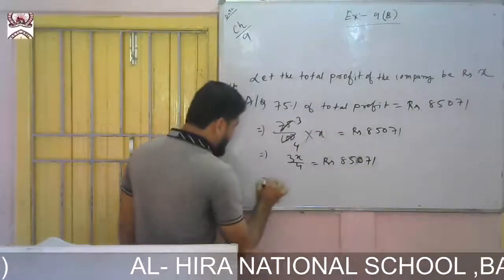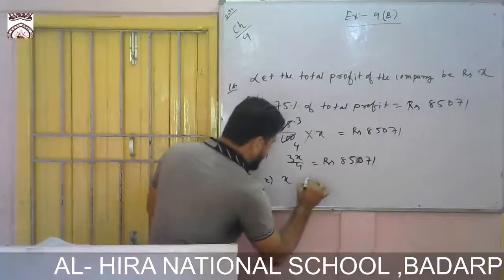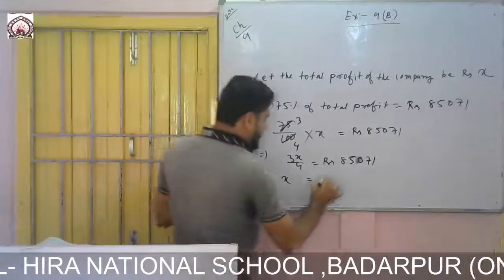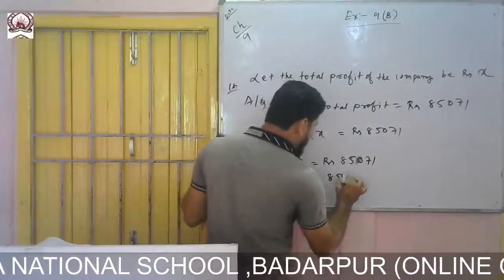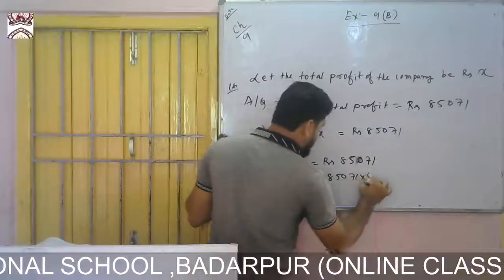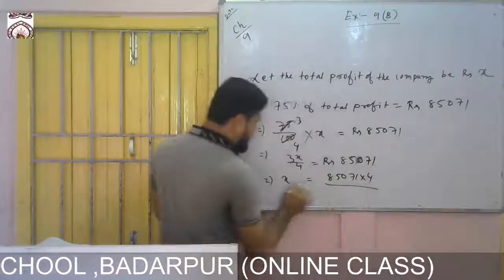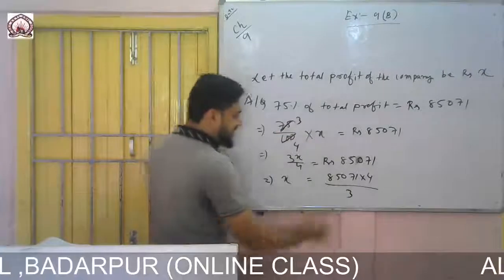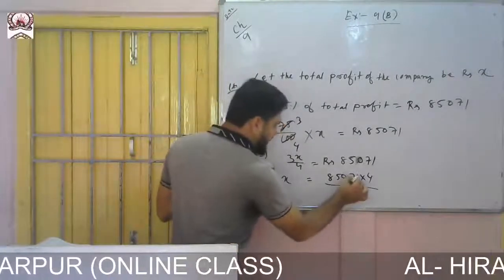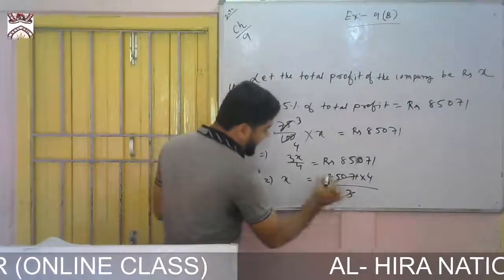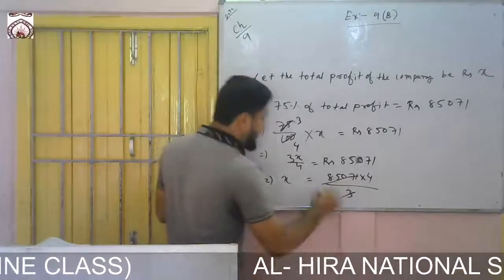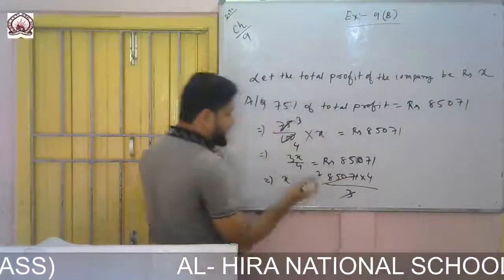Okay, so now it's very easy. X will be 85071 into 4 by 3. This 3 will come here. Now cancel this one with 3. 3 2s are 6, 3 3s are 9. 3 2s are 6, remain 2.